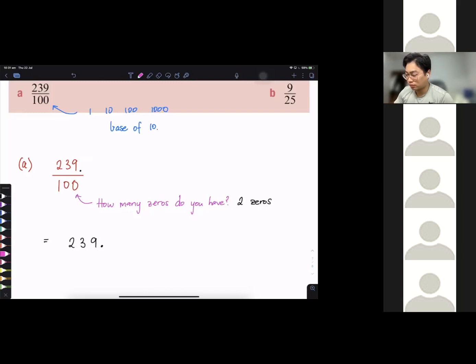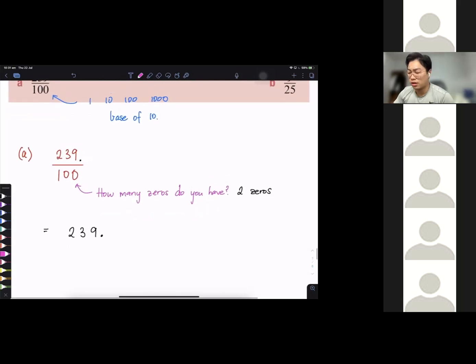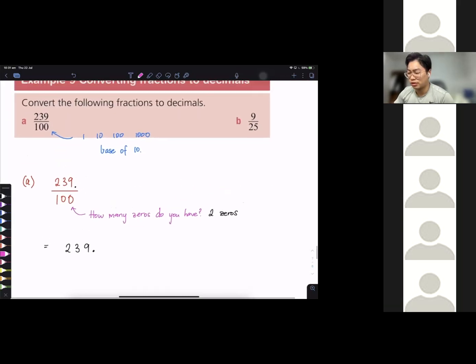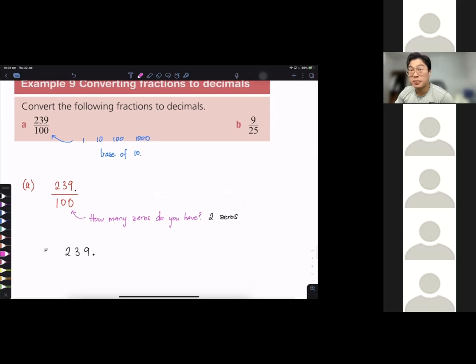No, left. All right, so we got some people saying right, some people saying left. Let's explore this. Let's say we move it to the right by the amount of zeros that we have, by 2 zeros. So we got 1 space, 2 spaces. So our decimal point is over here now.